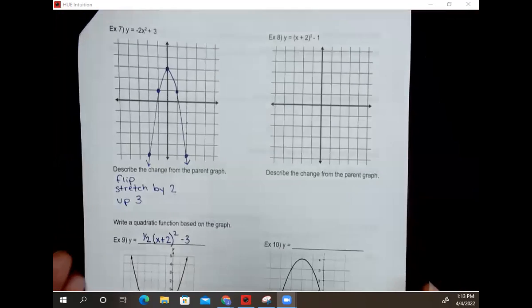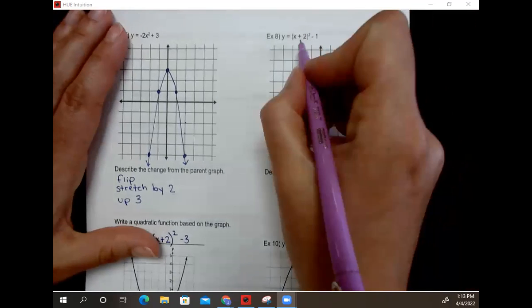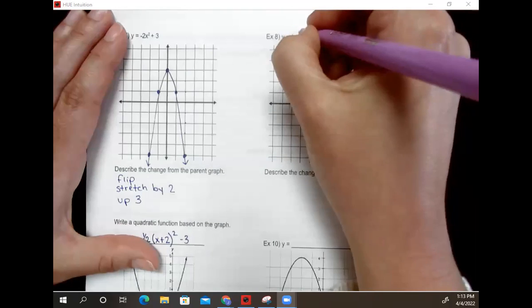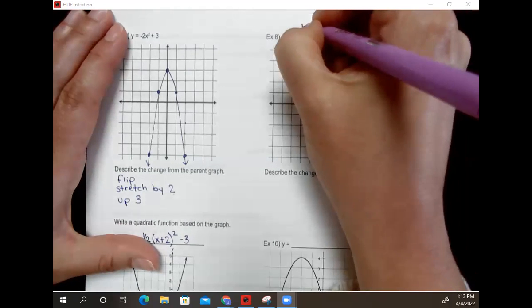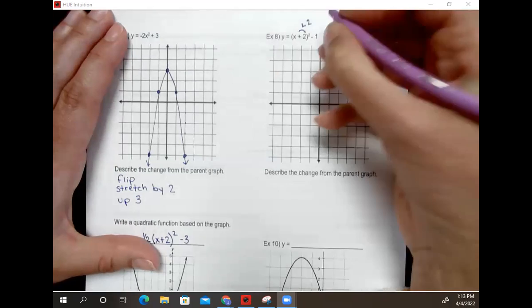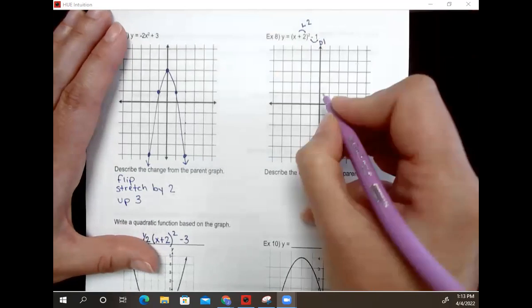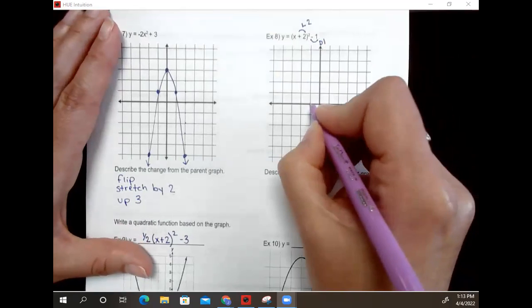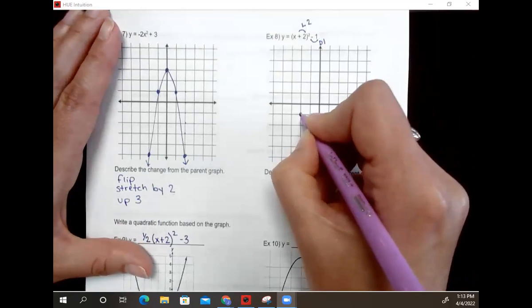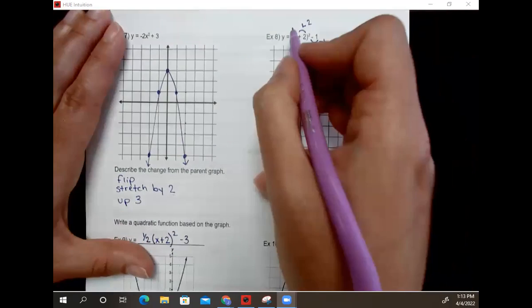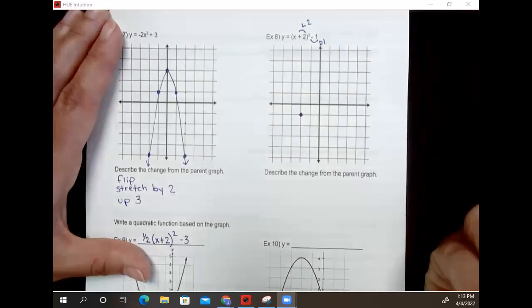Okay. On page 3, example 8 has a couple of changes here. I've got a +2 here, so this is going to move me to the left 2 spots. I've got a -1 here at the end. That's going to move me down 1. So my vertex from the origin will move left 2 and down 1. There's nothing in front here changing the shape of my graph.